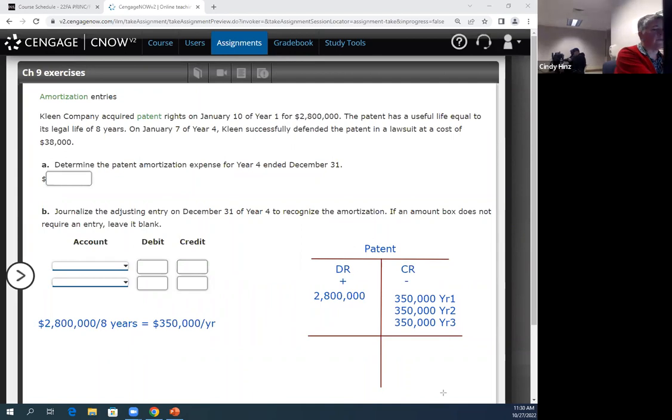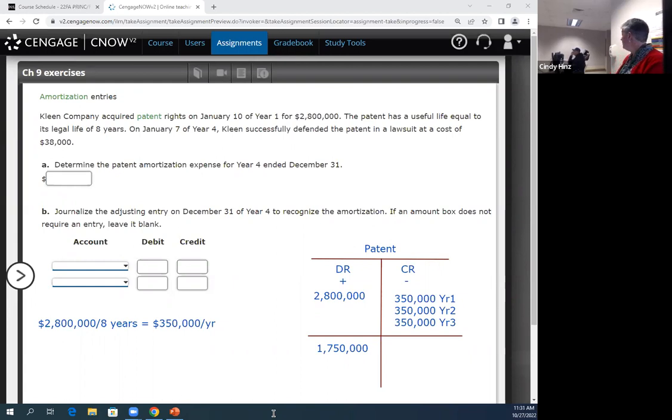And so at the end of year 3, we've reported $350,000 each year for 3 years, a total of $1,050,000. The book value of the patent at the end of year 3, beginning of year 4, is $1,750,000. And so that's what's showing up on our balance sheet for the patent at the end of year 3, beginning of year 4.